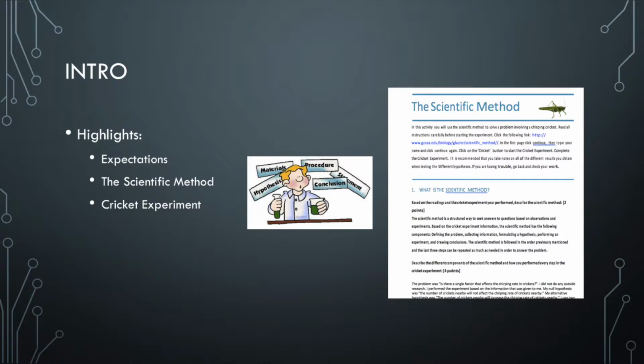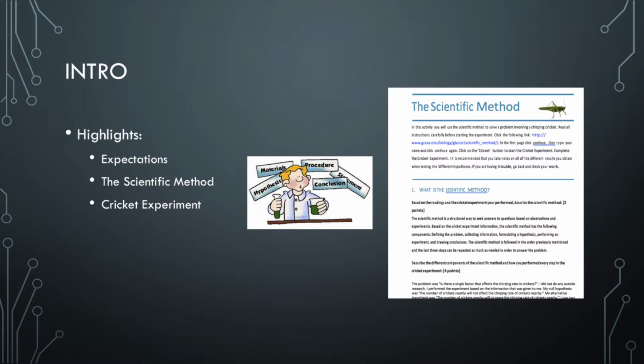And we ran many, many experiments throughout the course, so understanding the flow of how experiments should be run is very important. Especially with all the evidence-based activities as well, aside from the experiments, and to give us an opportunity to test out our knowledge of the scientific method, we did the cricket experiment.